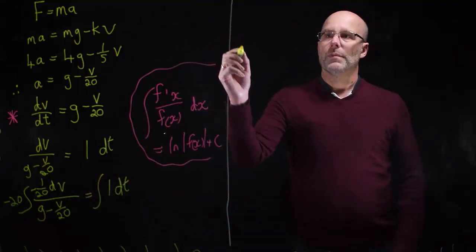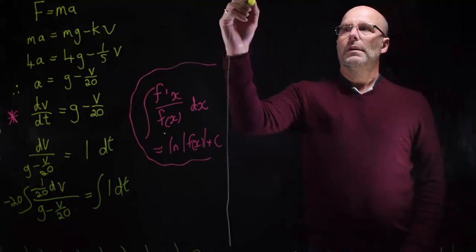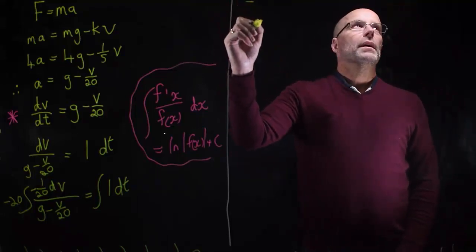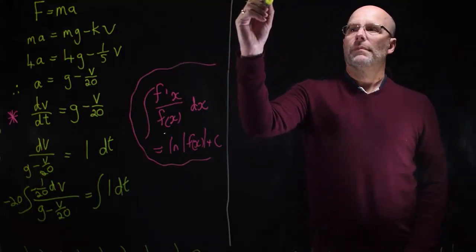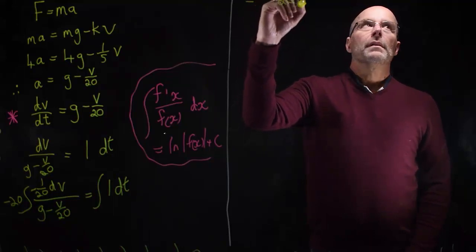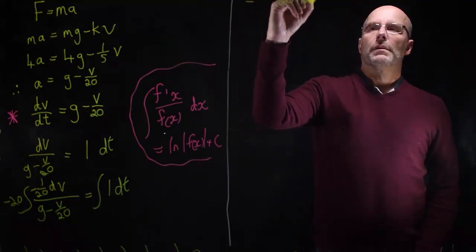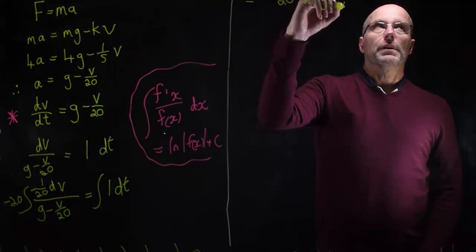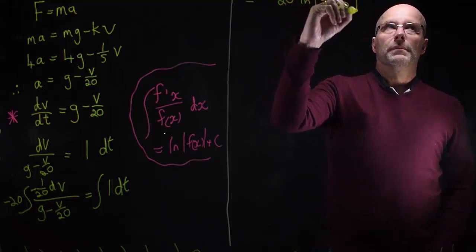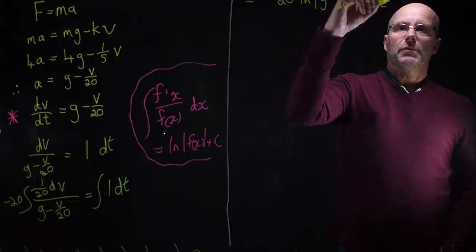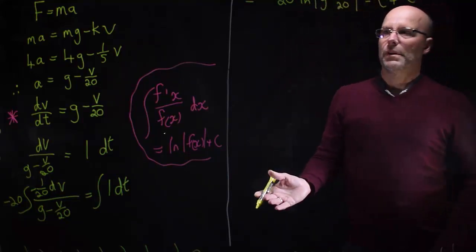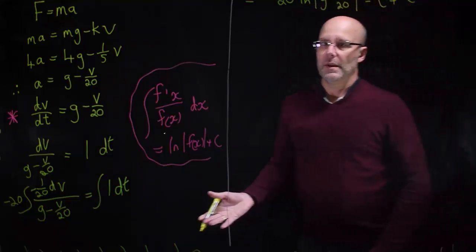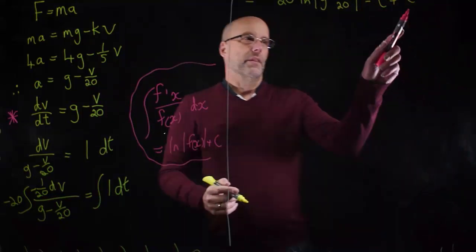So if we look over here, it continues on, and then we have negative 20 natural log g take v over 20 equals t. We bundle the constant from both sides together, and we put that there.